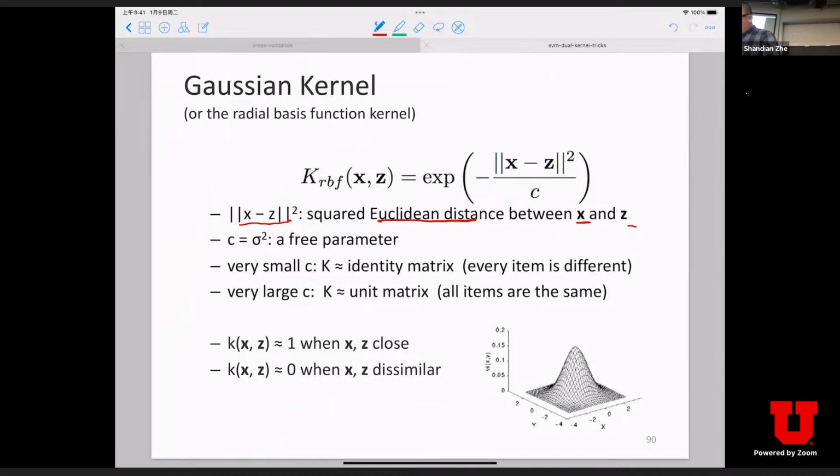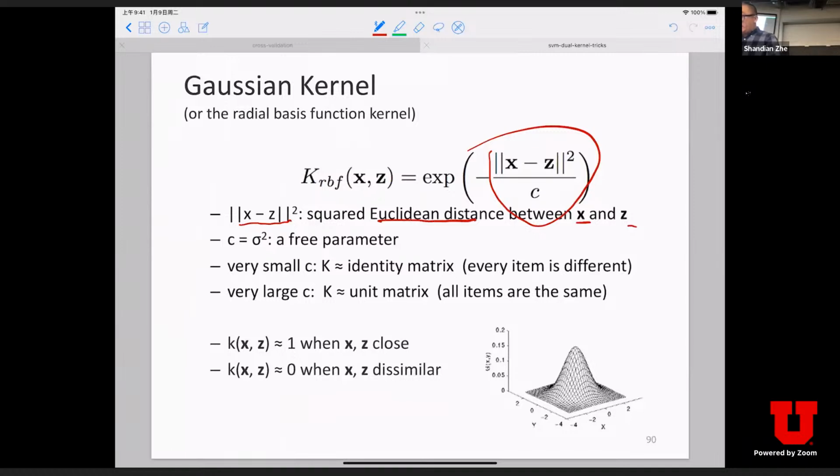You take the squared distance, divide it by c, and take the exponential of the negative of this ratio. So you can see that it looks like a Gaussian density, right? That's why it's called the Gaussian kernel.